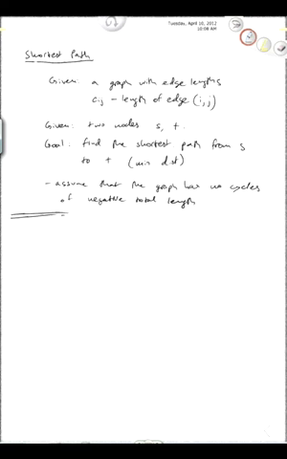So let's discuss how we might go about solving the shortest path problem using linear programming. Now, the key to defining a linear program is defining our variables and constraints.